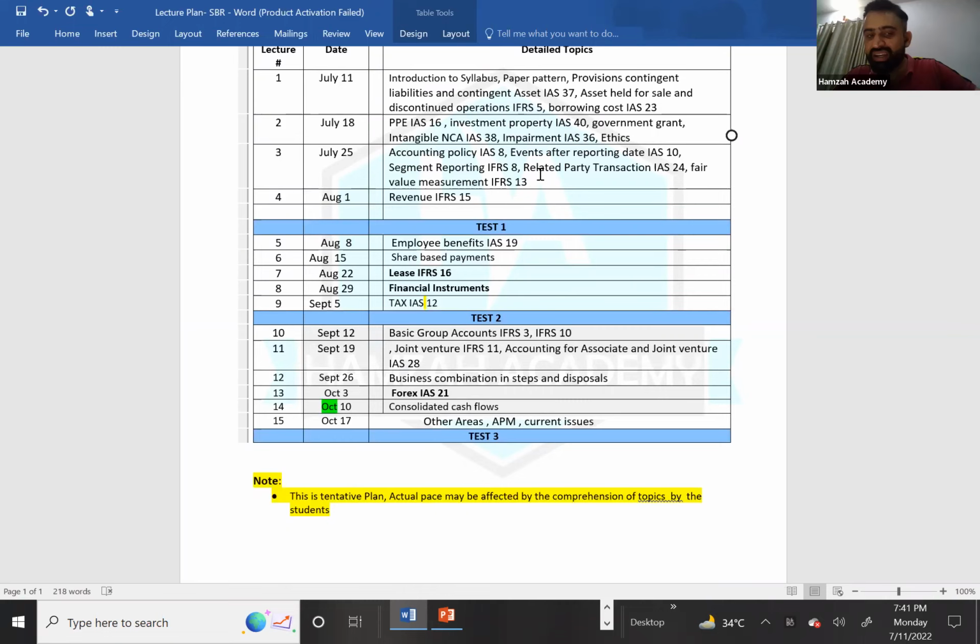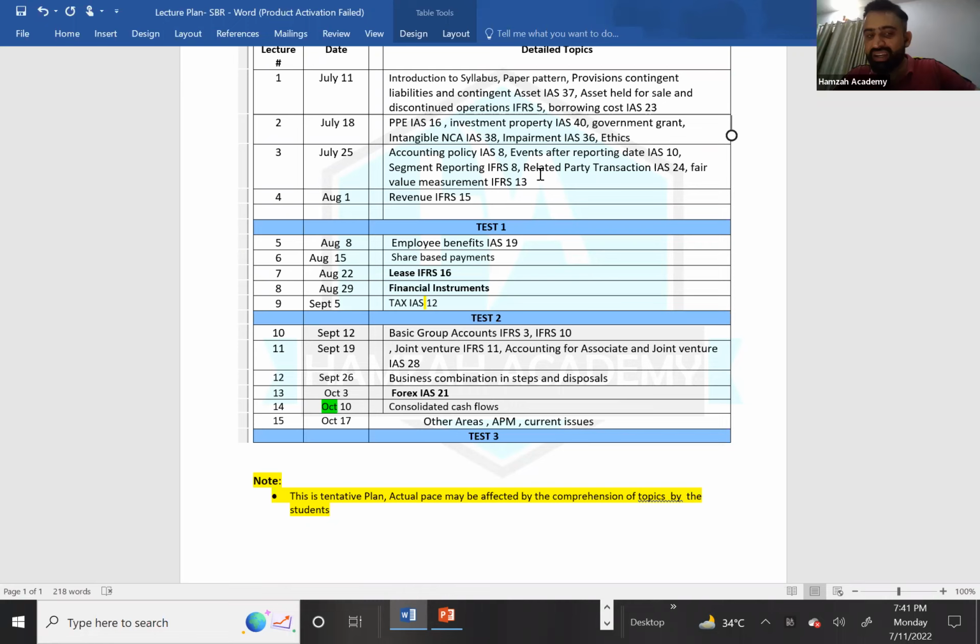Then we have Forex, IAS 21, where we will study foreign currency transaction accounting, such as when we have an associate or a subsidiary company which operates in some other currency. How should these situations be accounted for? We will study that in IAS 21.